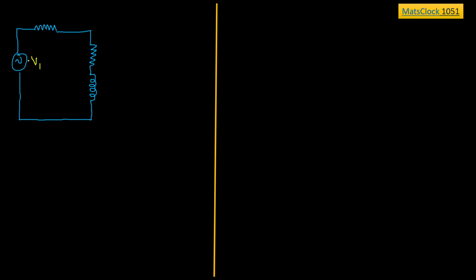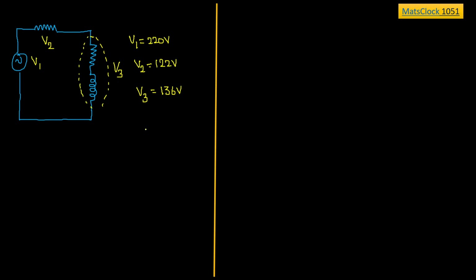So the voltage offered by the supply is V1. The voltage drop across the resistor is V2, and the voltage drop offered by the whole coil is V3. The value of V1 is 220 volt, the value of V2 is 122 volt, and the value of V3 is 136 volt.